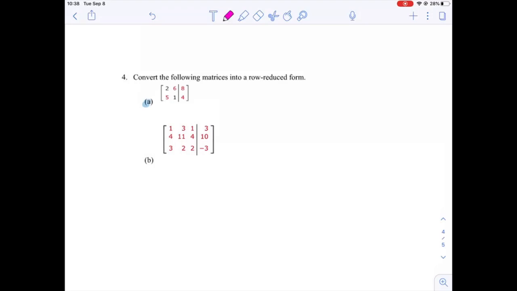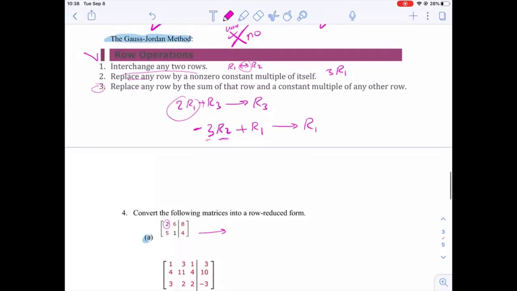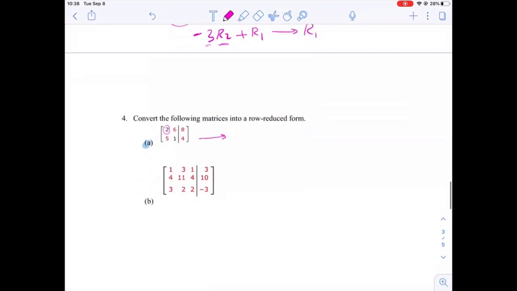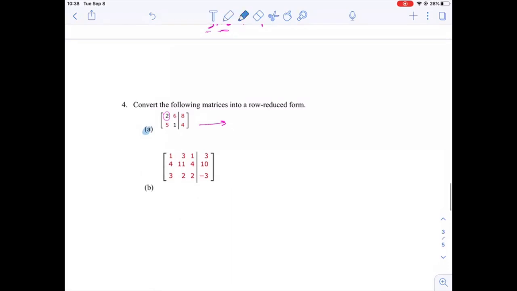For a row reduced form, the first element should be equal to 1, and that's called the pivot element. How can we make the first element a pivot? We need to convert this into 1. How can we do this? We know from the row operations that, for example, operation 2 says you can multiply any row by any number, and our aim here is to make the first element equal 1.